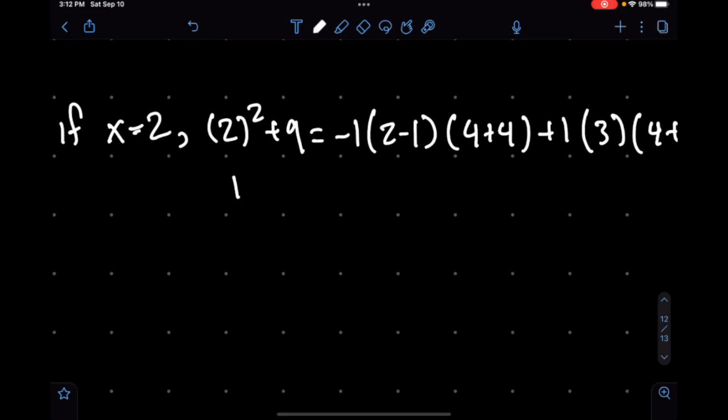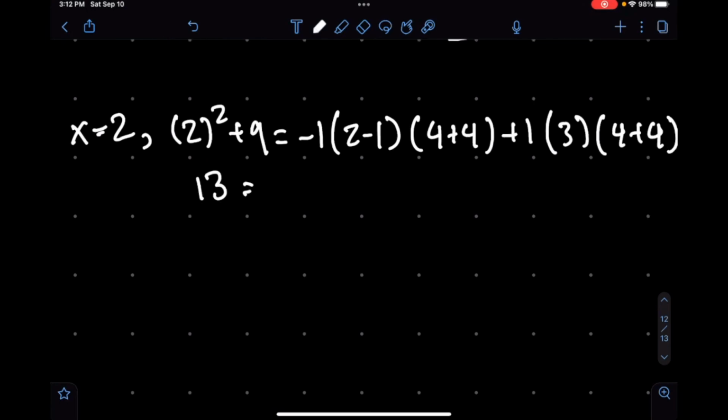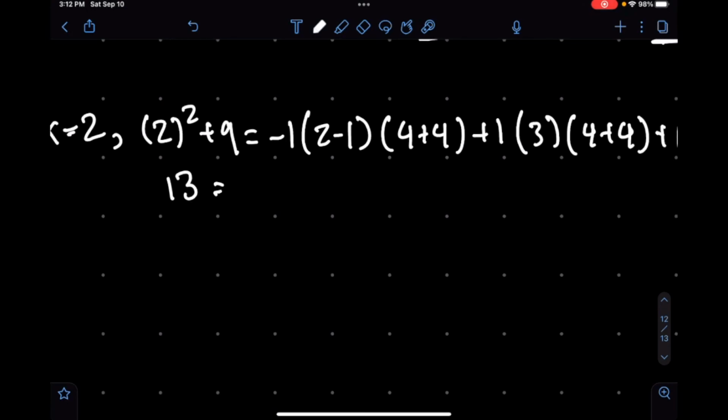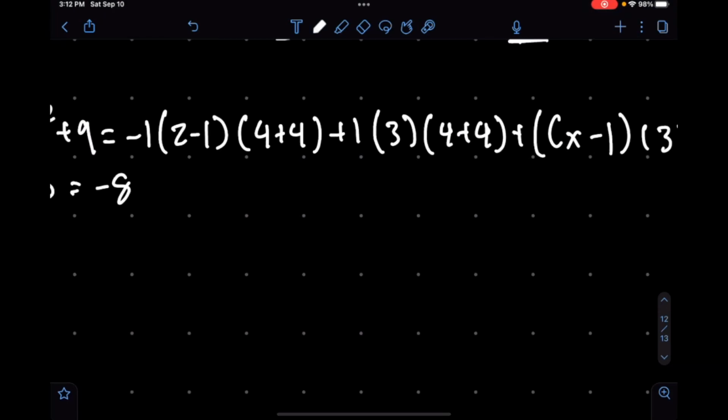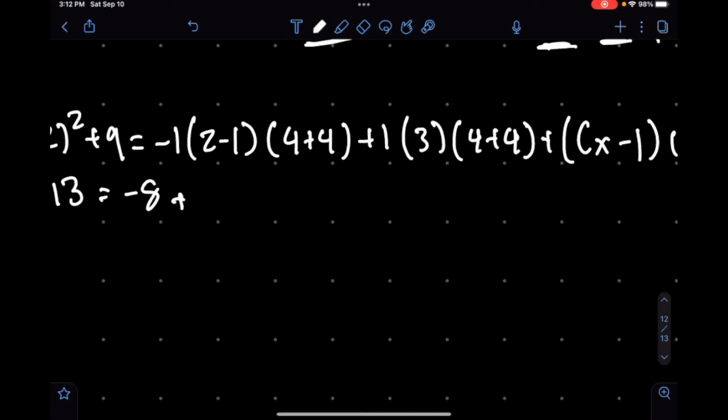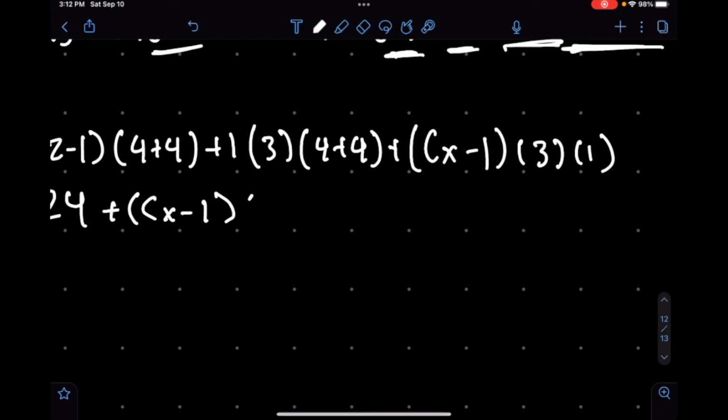So now we get 13 is equal to negative 1 times 1 times 8 is negative 8, plus 1 times 3 times 8, which is 24, plus cx minus 1 times 3.